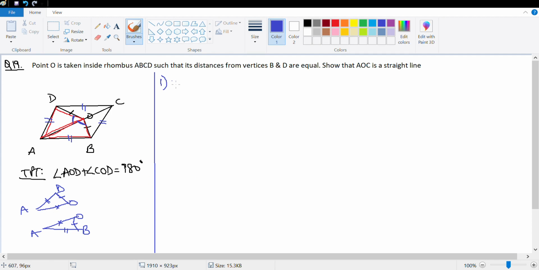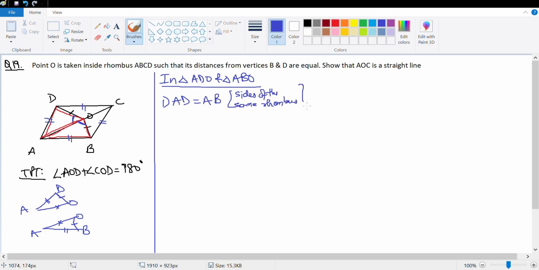Let's mention which triangles we're looking at. So in triangle ADO and triangle ABO, these are the two triangles that we're looking at. Number one, AD is equal to AB. Why? Sides of the same rhombus are equal.